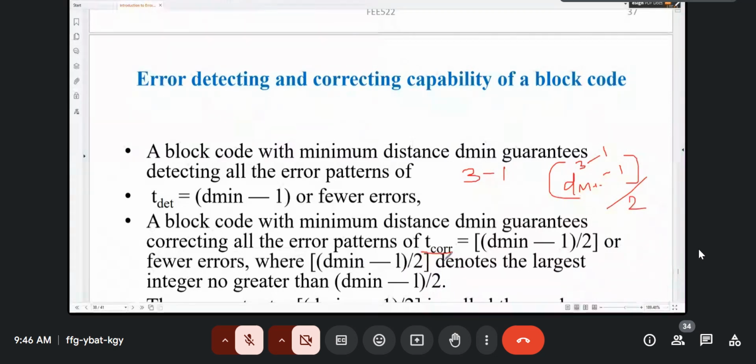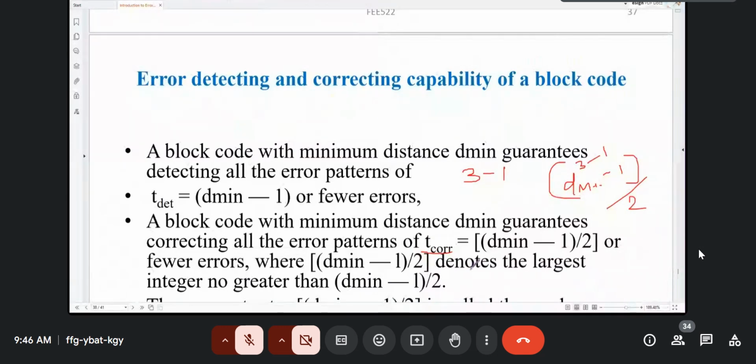And this, of course, denotes the largest integer no greater than (d_min minus 1) over 2. Why are we using the largest integer? Because for this particular case, 3 minus 1 divided by 2 is a whole number, but it may be a fraction in certain cases.